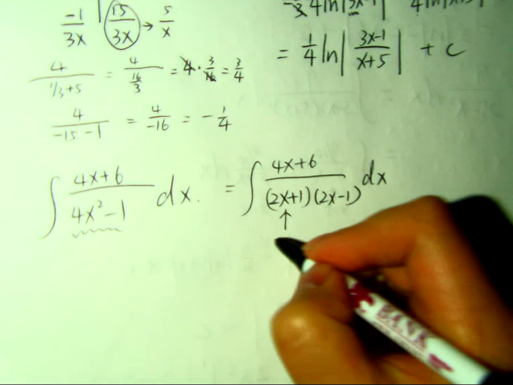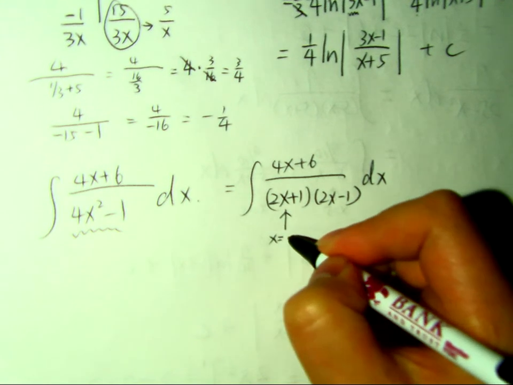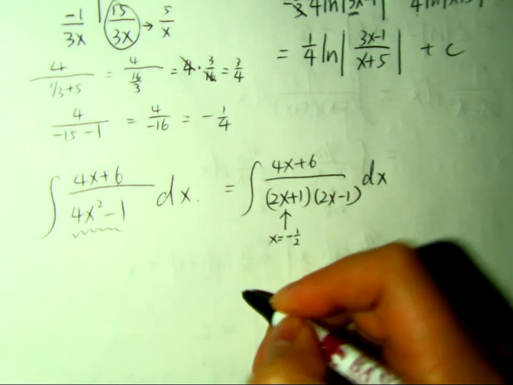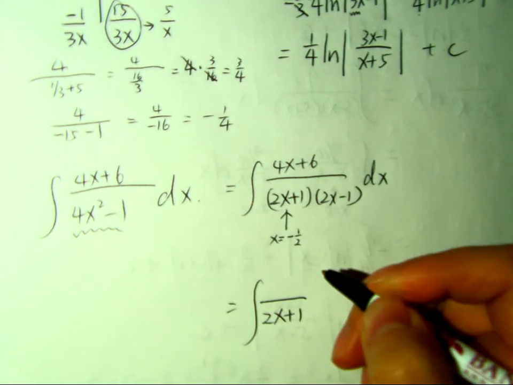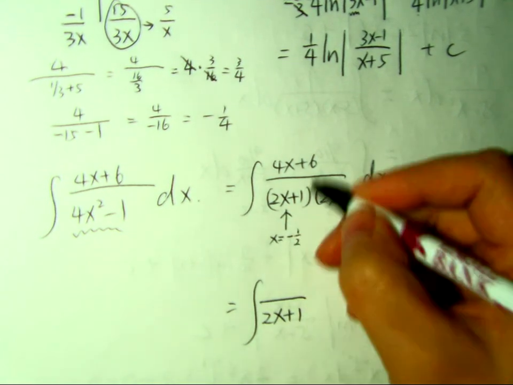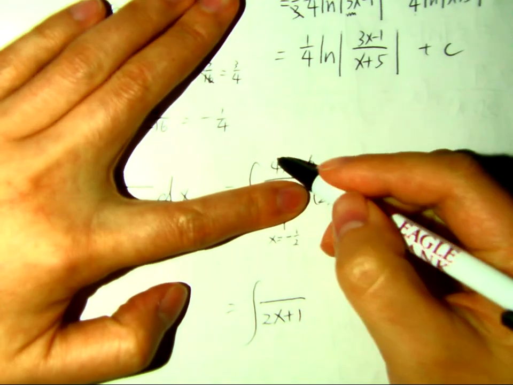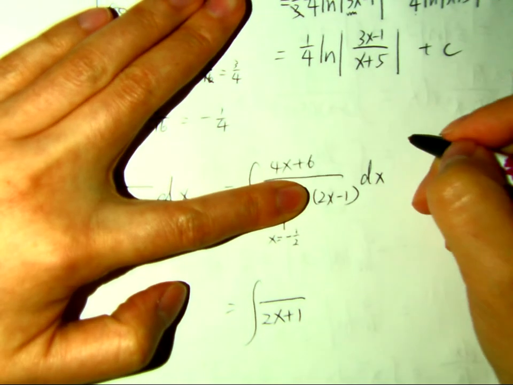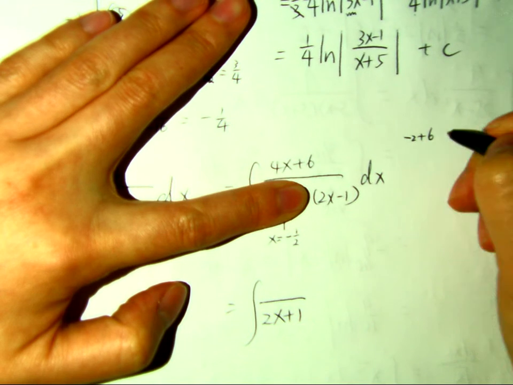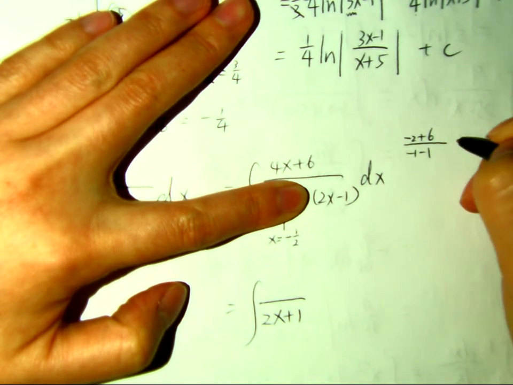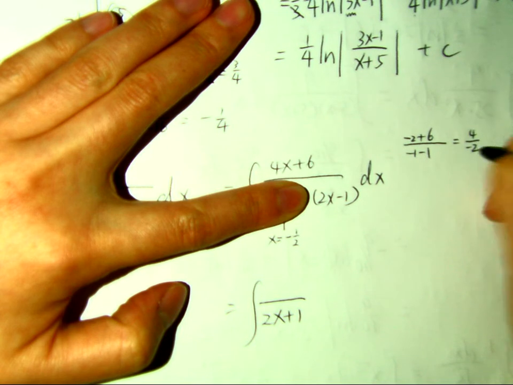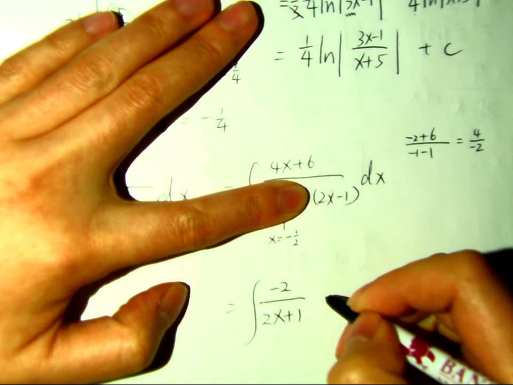So when we're using this, that will be x equal to negative 1/2. Okay, so we have 2x plus 1 here. When we plug in negative 1/2, by covering this, negative 1/2 here will be negative 2 plus 6 over negative 1 minus 1. So that will be 4 over negative 2, which is negative 2.